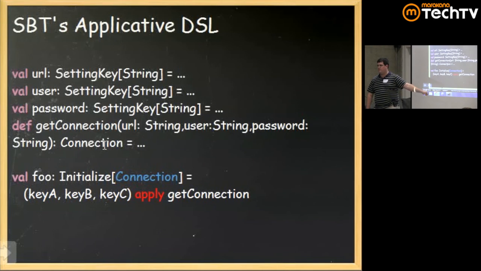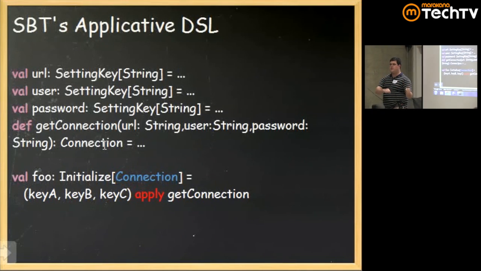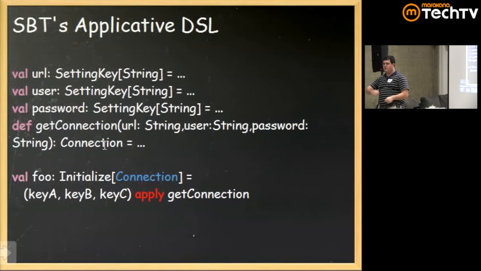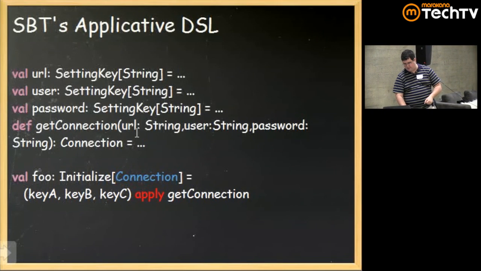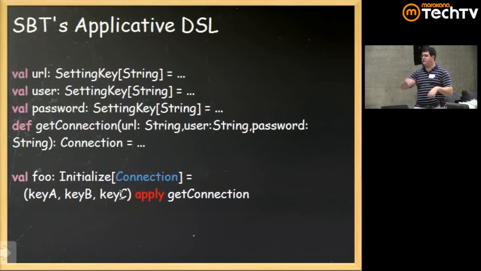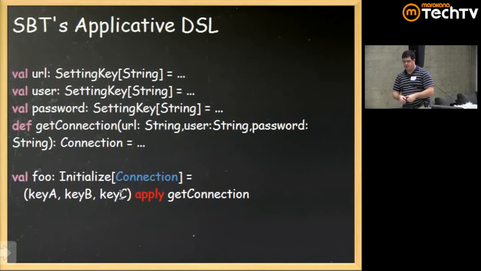And this is an applicative functor. It will take all of these keys, it will know what those keys are, keep track of the dependencies, and create me a new initialize where it runs this method against the values inside of those initialize and creates a new initialize. So this is the applicative DSL for SBT.